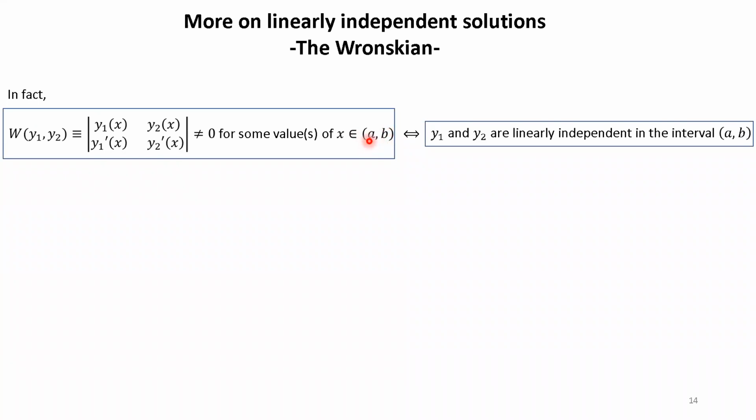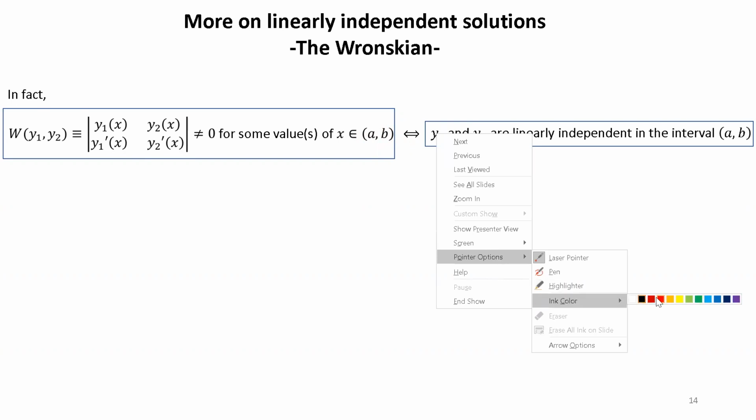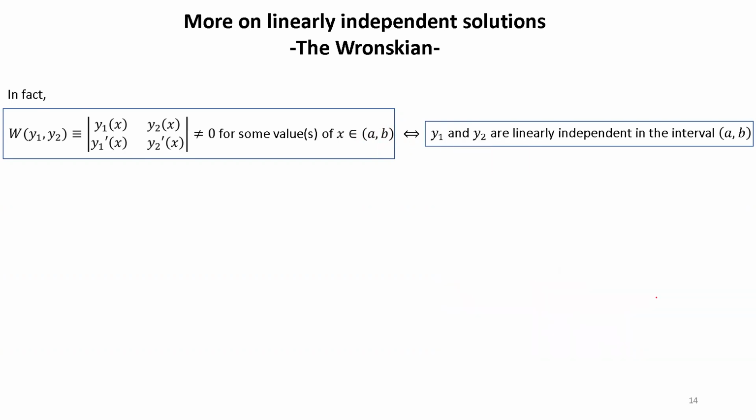Because y1 and y2 being linearly independent is something that we already agreed on a long time ago, that one is no problem. So if these two are linearly independent, then this one can be non-zero for some value of x.